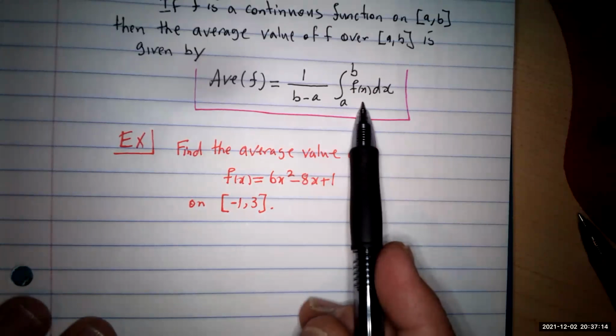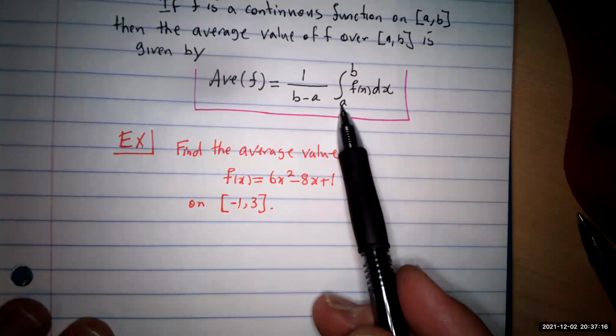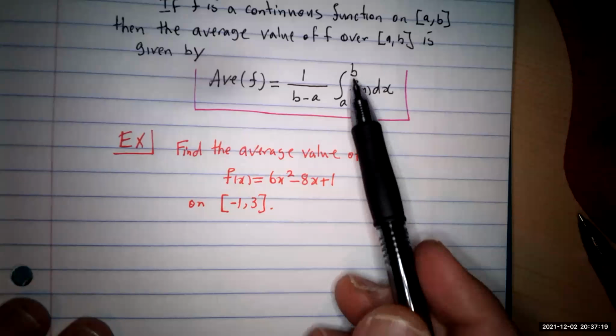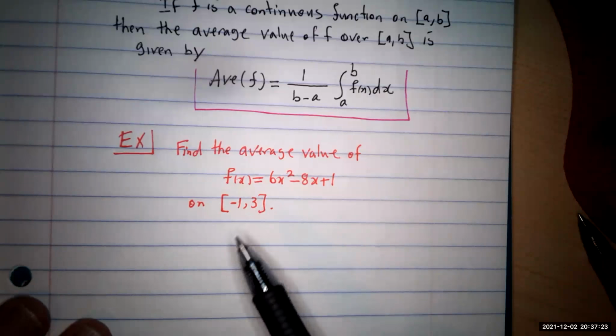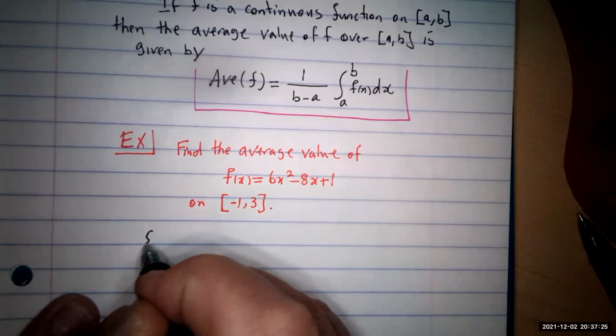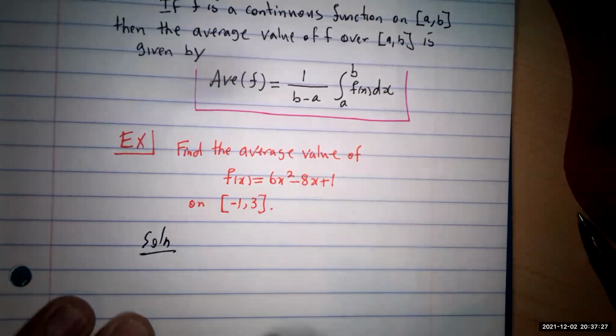In this formula, A is the smaller number, B is the bigger one. So in this case, A is -1 and B is 3. So you write your formula and then you substitute and simplify it. Solution.